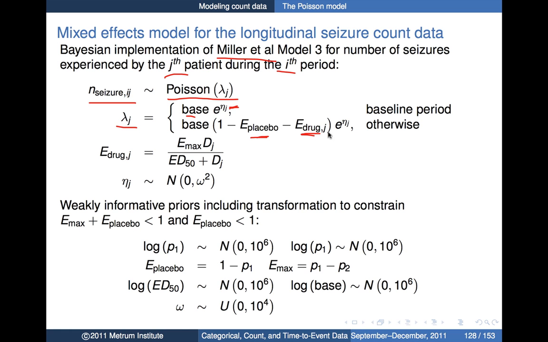Again, it's multiplied by the same random effect as for the placebo case. The drug effect is just a good old-fashioned Emax model in terms of dose. E placebo is just a constant, a parameter in and of itself. And our random effect is just a simple normally distributed random effect centered about 0.